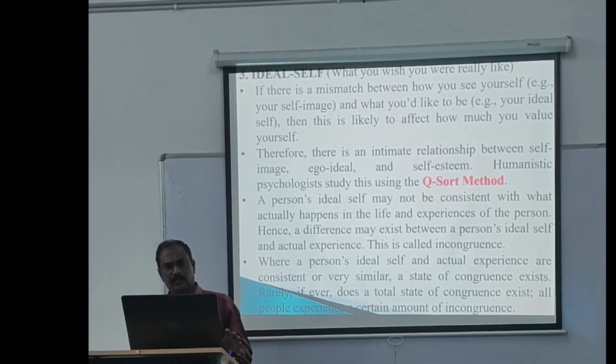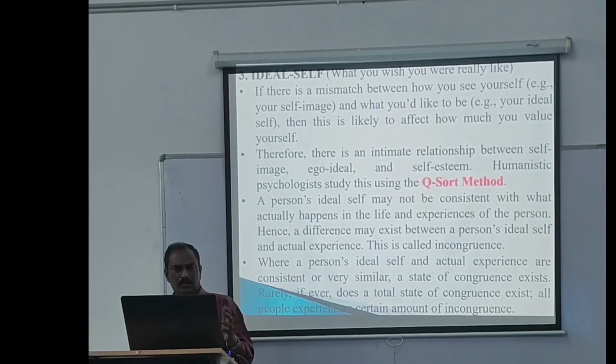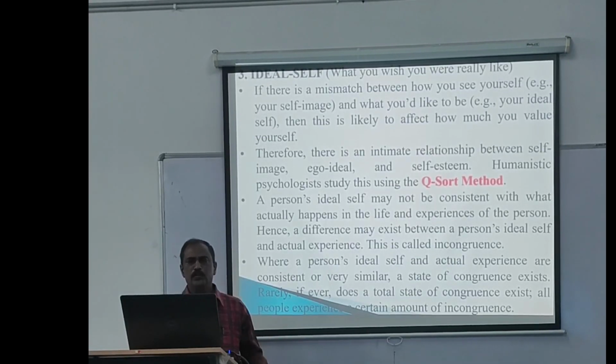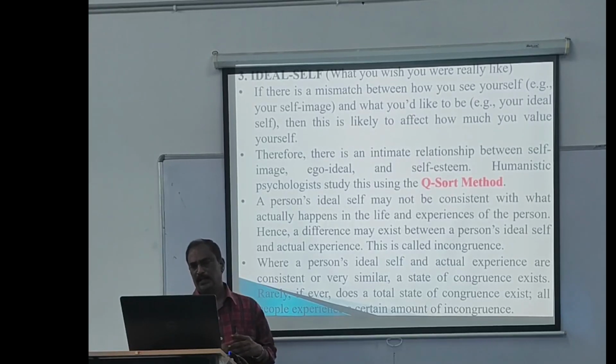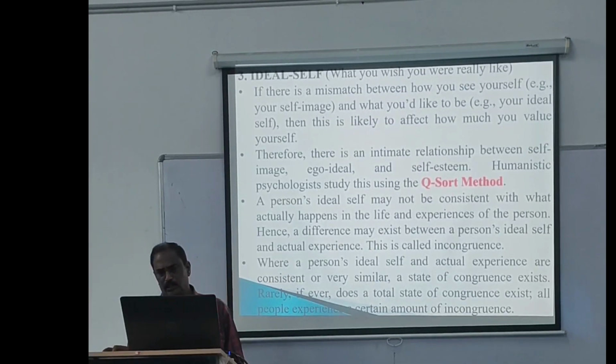We can see the relationship among these three. So for this we use the Q-sort method. Generally in interviews they ask, okay, how do you find the relationship between self-image, ego ideal, and self-esteem? Which method do you use? We need to say the Q-sort method.